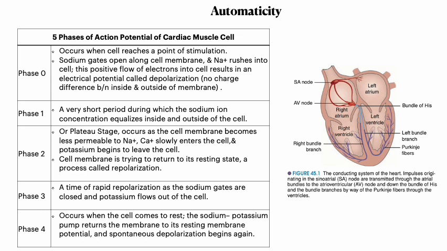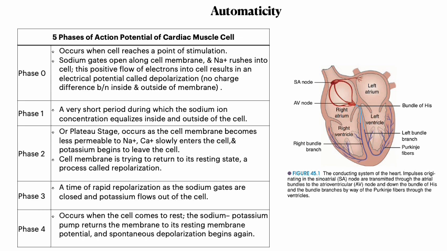All cardiac cells possess some degree of automaticity, as discussed in chapter 42, in which the cells undergo spontaneous depolarization during diastole or rest because they decrease the flow of potassium ions out of the cell and probably leak sodium into the cell, causing an action potential.